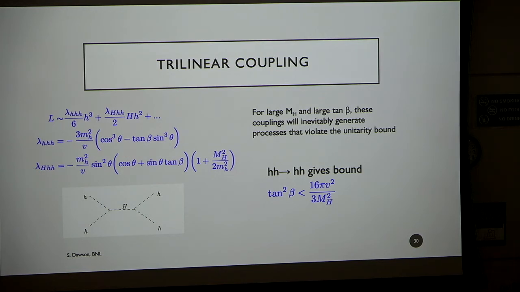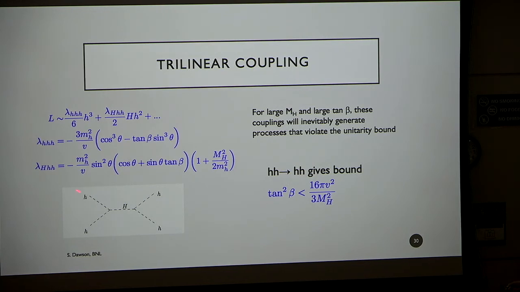But it has this funny feature that there's a contribution which grows with the mass squared of the heavy guy. So you should all remember from unitarity: unitarity tells me that the partial waves have to be less than a half. And if you have something which is growing with mh squared, bingo, right? You make mh squared big enough, you're going to violate the unitarity bound, ergo you've got a limit on the theory. So this is part of our repertoire for learning about these theories.